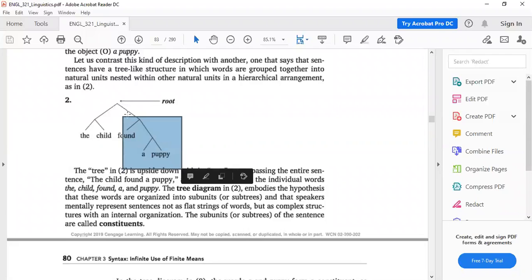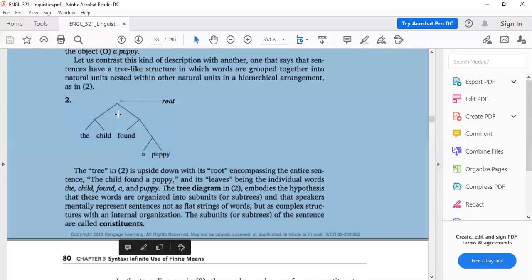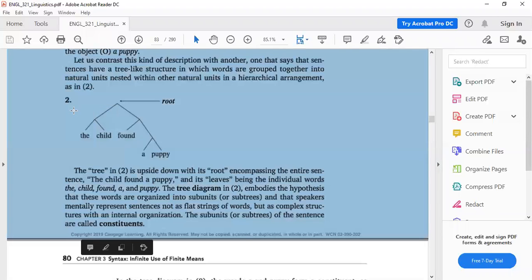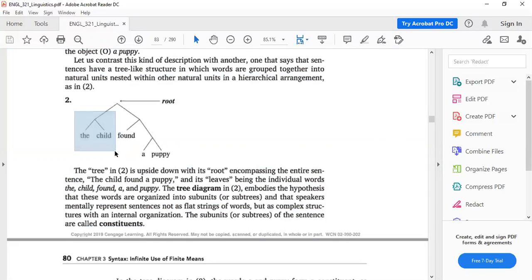Yes, the whole predicate is a whole branch, and the subject is in another branch. This is the subject, the child, and this is the predicate, found a puppy. Within the predicate, we have a smaller unit, a subunit, which is a puppy.